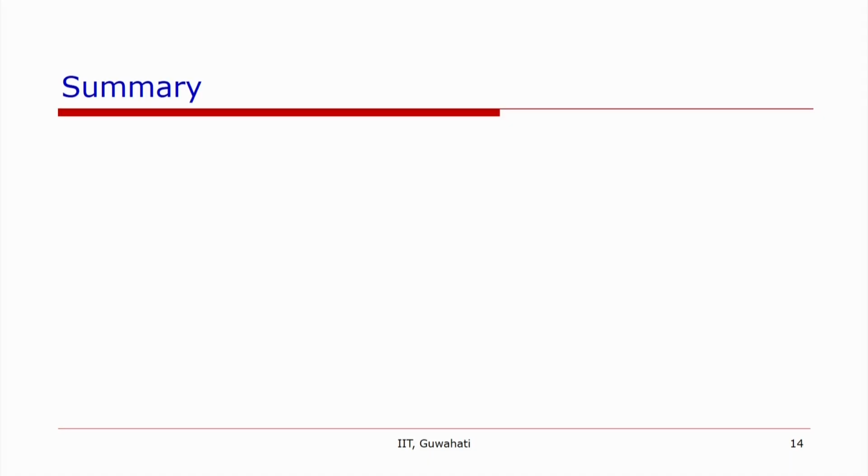Okay. So in summary, in this section, what we have analyzed is we looked at the Brotherton's problem, and in the Brotherton's problem, we looked at the flow in the intermediate region.